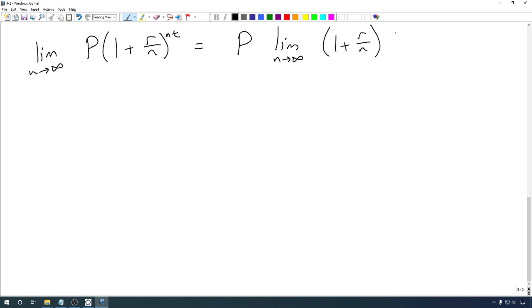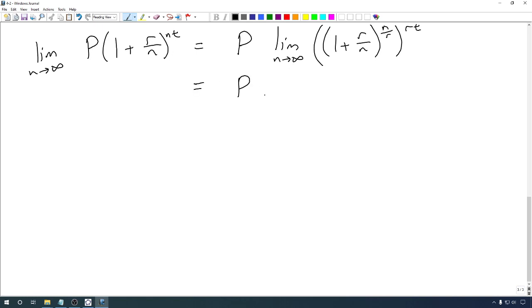I'm going to have an n over r, but I'm going to take this thing to the rt power. So remember, because of our laws of exponents, when we have a stacked power like this, we get to multiply the n over r times the rt. And that just simplifies down to n times t.